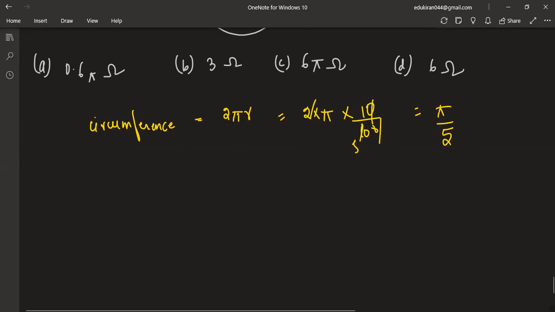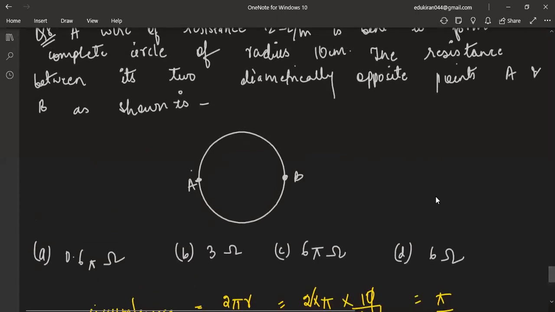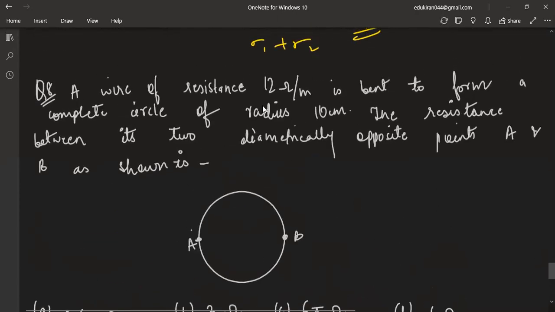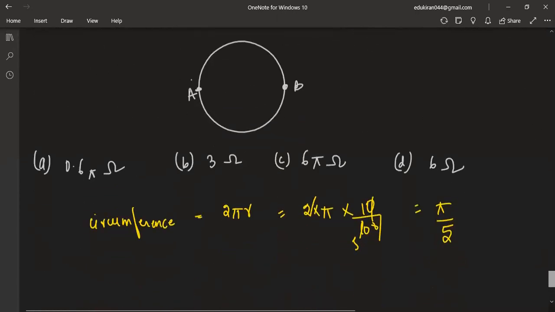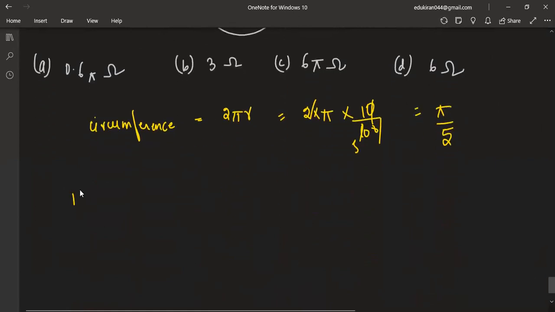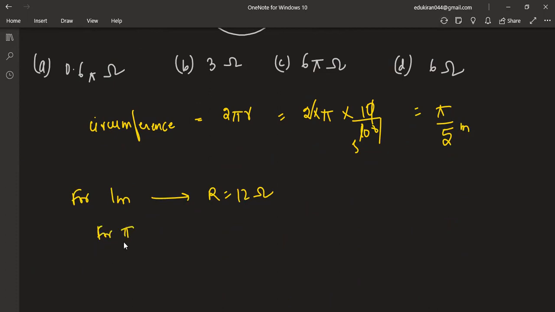So we know for 1 meter, what is the resistance given? 12 ohm per meter. This means for 1 meter, resistance is 12 ohm. So for this much meter length, resistance will be 12 multiplied by pi by 5.